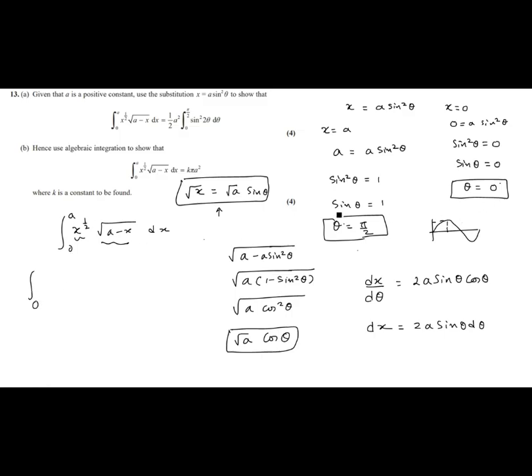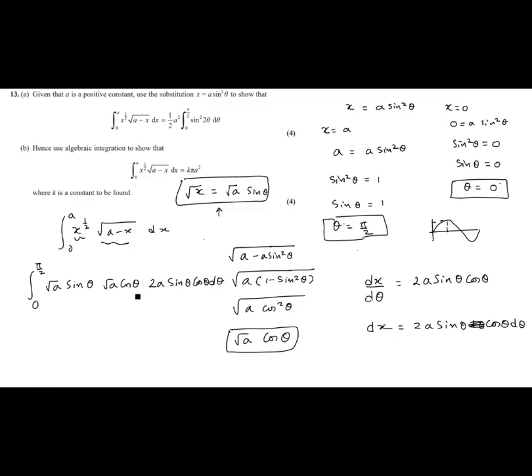When x is a, theta is pi over 2. Then x to the power half is square root of a sine theta, and square root of a minus x is square root of a cos theta, and dx is 2a sine theta cos theta d theta.